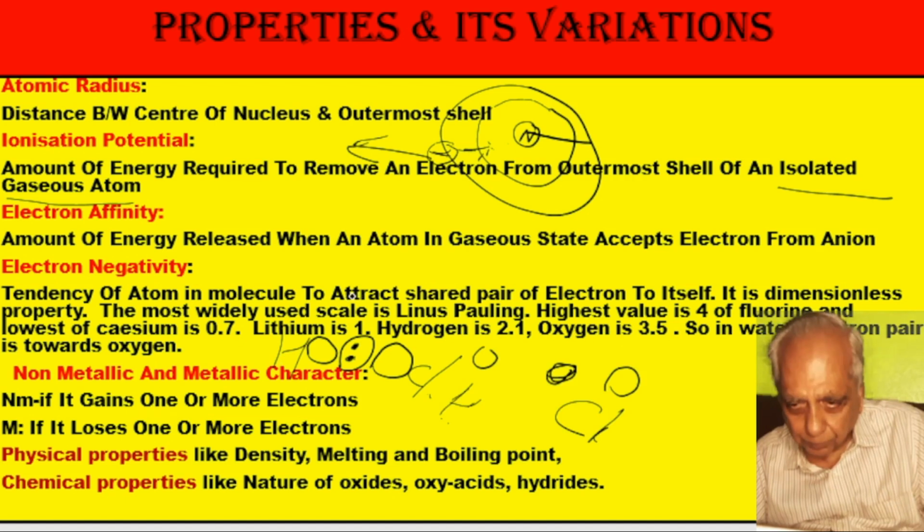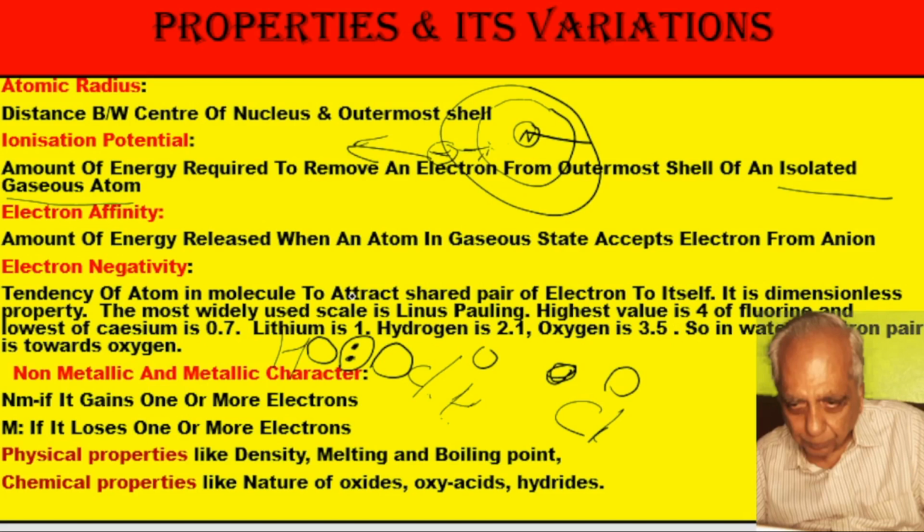Now if you see that rating table, we will see that the highest is for fluorine, which is 4, and the minimum is for cesium, which is 0.7. I will explain to you why this is highest and why this is lowest. So it is 4 for fluorine, 0.7 for cesium, hydrogen is 2.1, these you should remember, oxygen is 3.5.